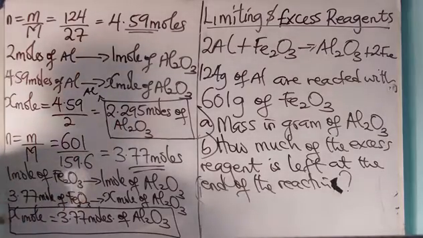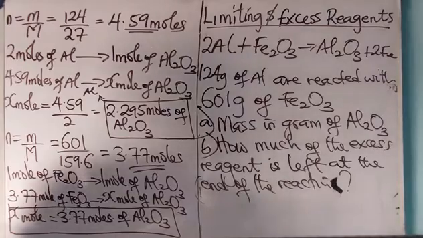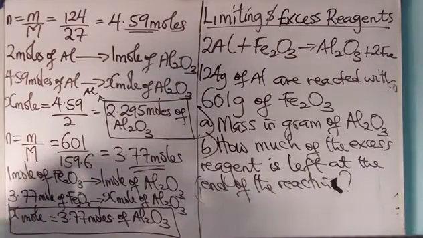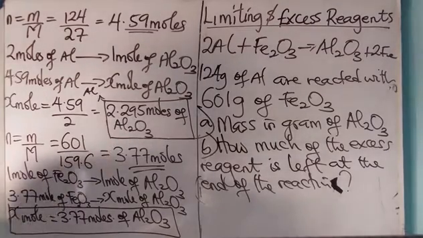Looking at it properly, which of them do you think is the limiting reagent? 3.77 and 2.295. Which of them is the biggest? 3.77 is the biggest, while this other one is the smallest.